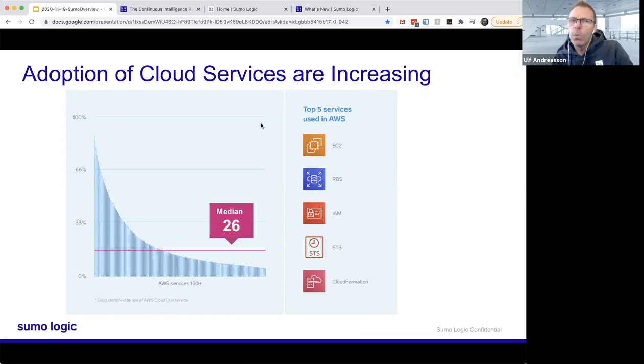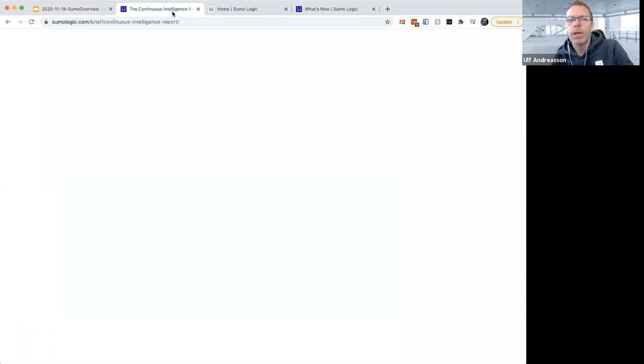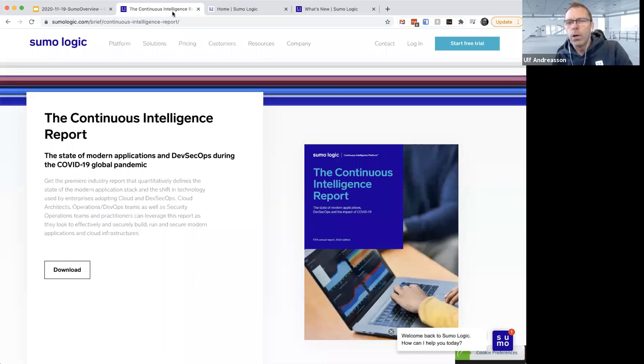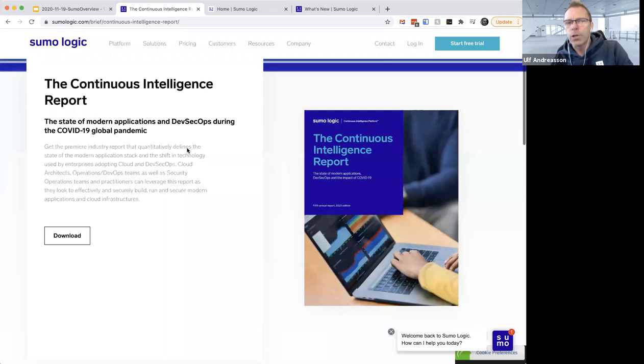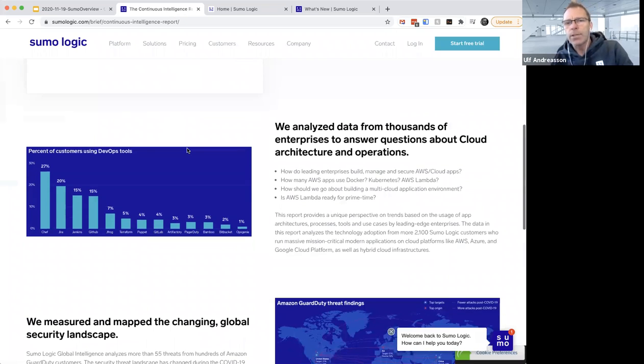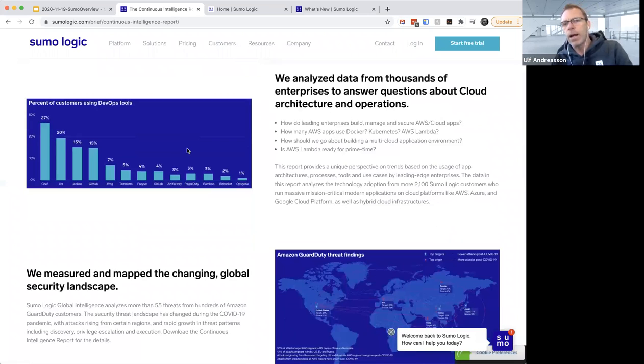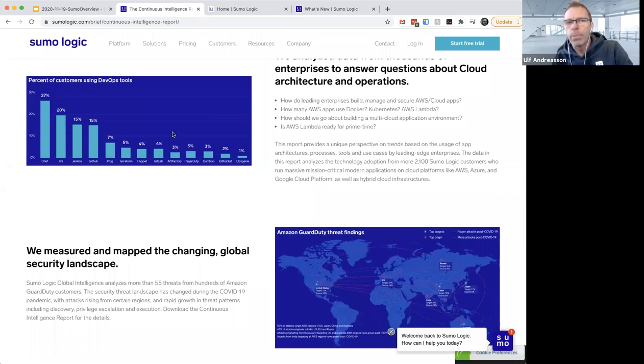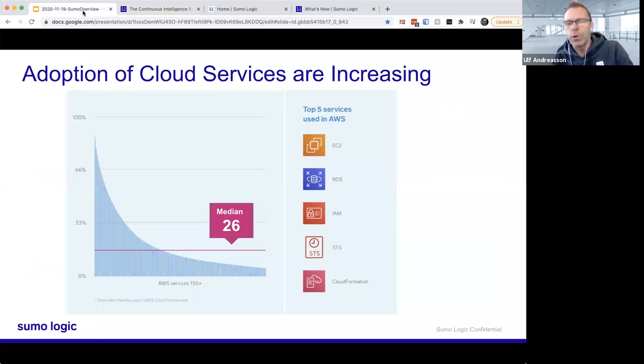We have something called the Continuous Intelligence Report that we produce and share on a yearly basis. It analyzes the usage of different cloud services that we see within Sumo. There are a lot of good insights here, and some of these insights we're actually feeding back into our solution. So when you use Sumo Logic, you can benchmark yourself against others, which gives you a good understanding of where you are compared to many others in the same industry.